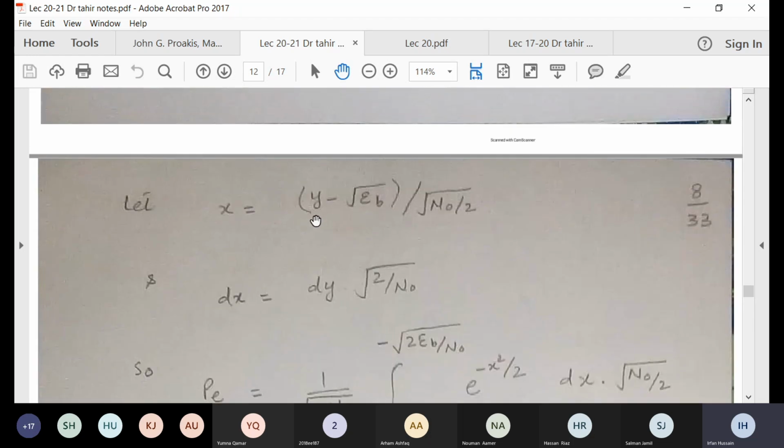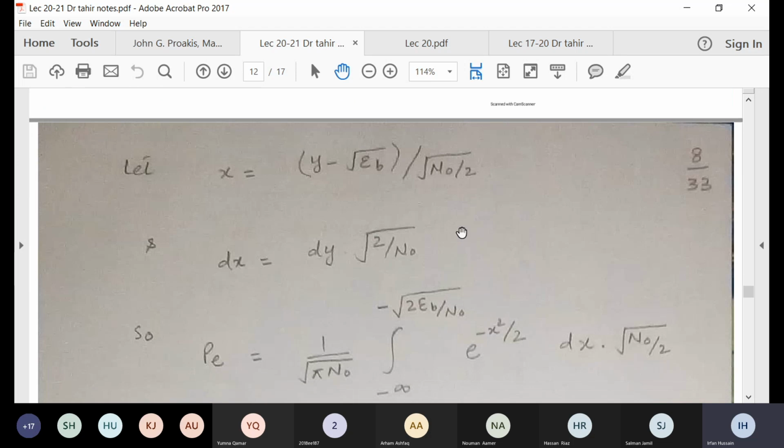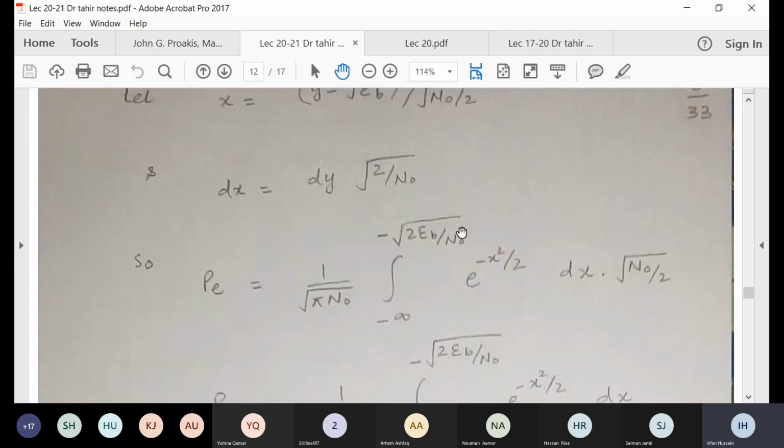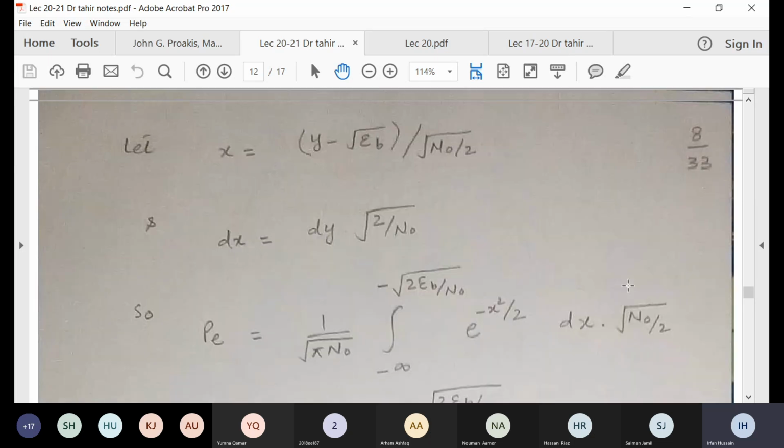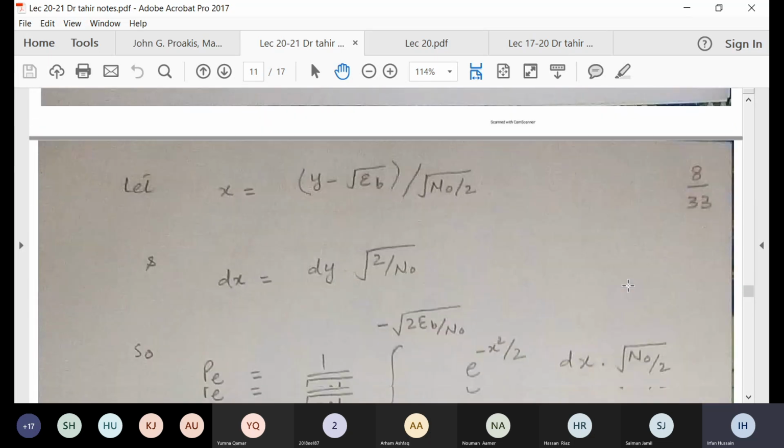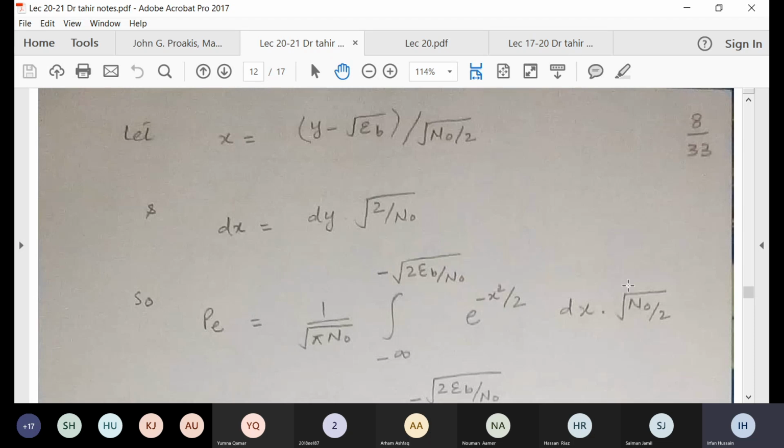dx, you can just see, dx is equal to dy times the constant 2 over root N0, with respect to dx. So you just substitute the value of dy with dx.